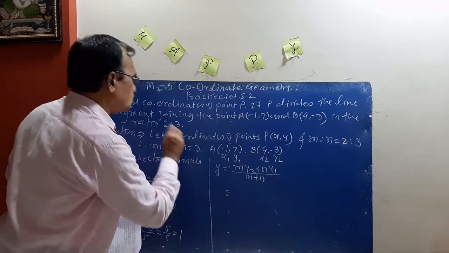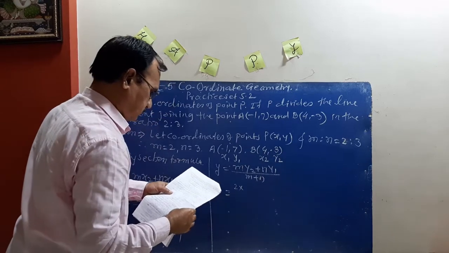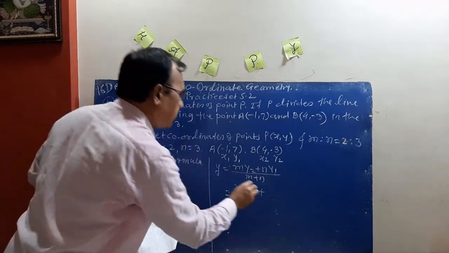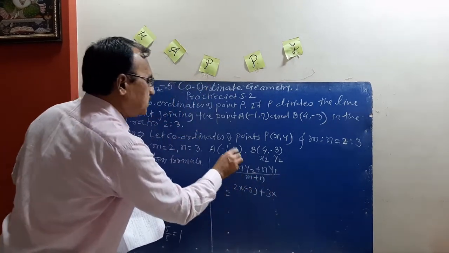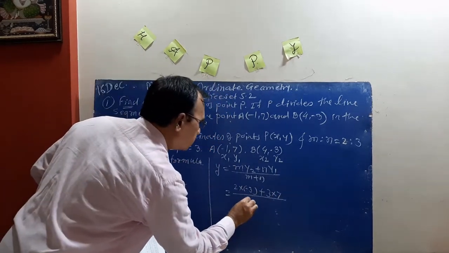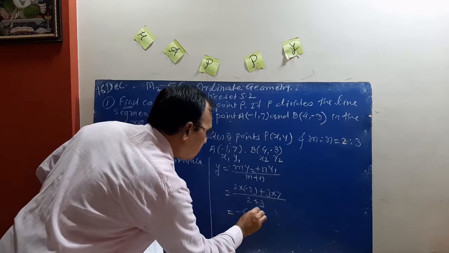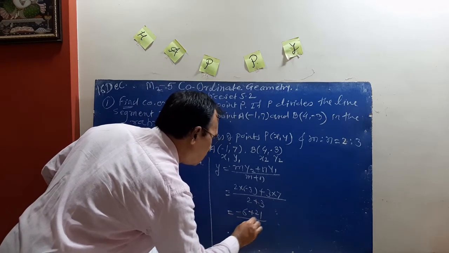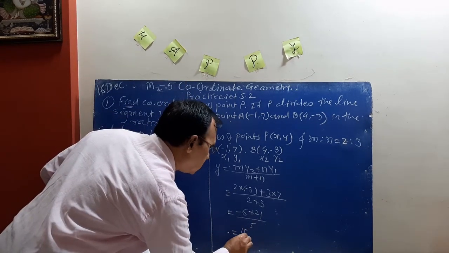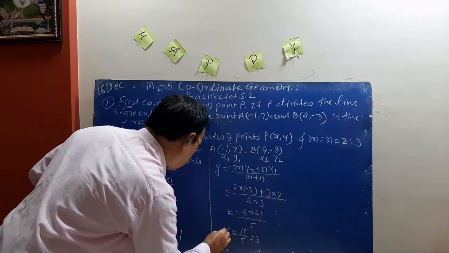Again m is 2, y2 is minus 3, plus n is 3, y1 is 7, divided by m plus n, that is 2 plus 3, is equal to 2 3s are minus 6, 3 7s are 21, divided by 5, is equal to 21 minus 6 is 15 divided by 5, is equal to 3.